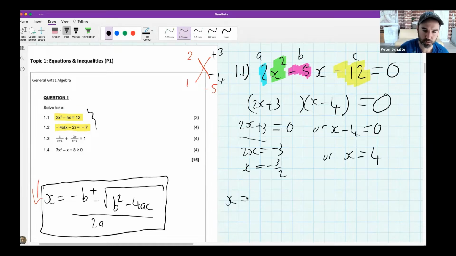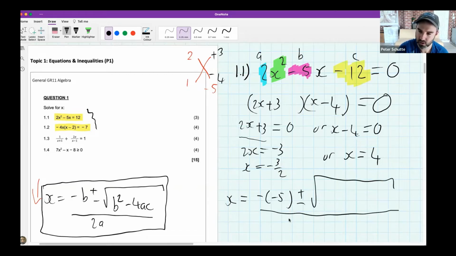And so if we did it with the formula, it would be -5 plus minus whatever that is, over 2a. Now we know that a was 2 to start with. And b squared would be that, and then we would times it by 2, and then we times it by minus 12.